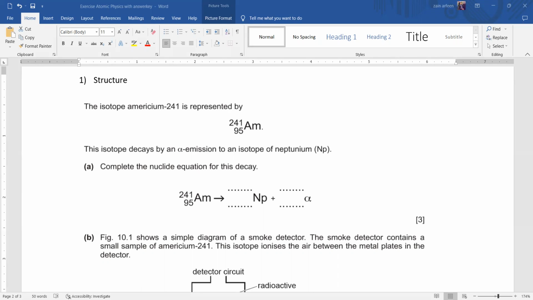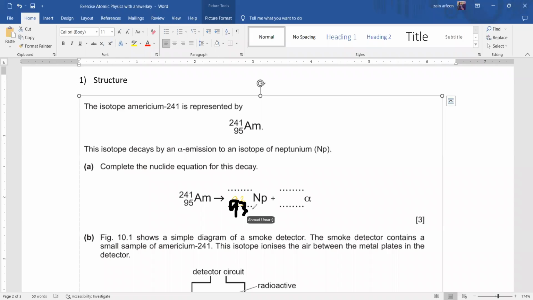Whenever an alpha particle, which is 4 and 2, is emitted, the nucleon number decreases by 4 and the proton number decreases by 2. So this will be 93. That's right. What about the nucleon number?